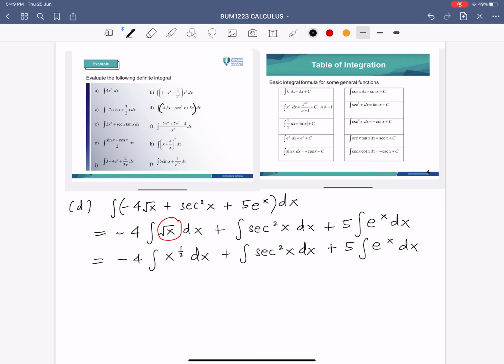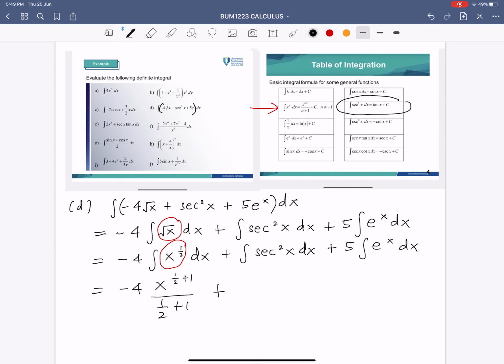So for the function that we have here, x power of 1 over 2, it is in the form of integration x power of n, where in this case our n is 1 over 2. Therefore, we will use that formula, where this equals negative 4 x power of 1 over 2 plus 1 over 1 over 2 plus 1 plus, okay, integration secant square x dx. We have it here.